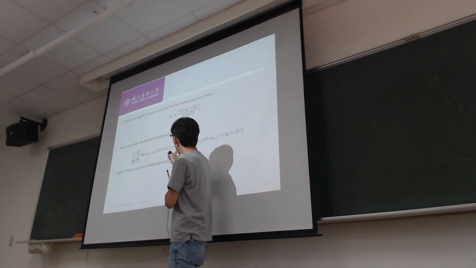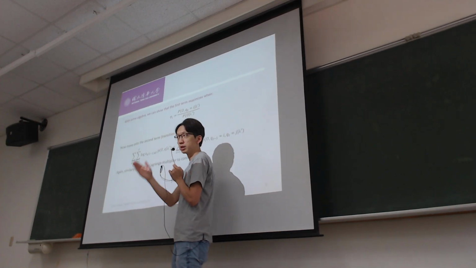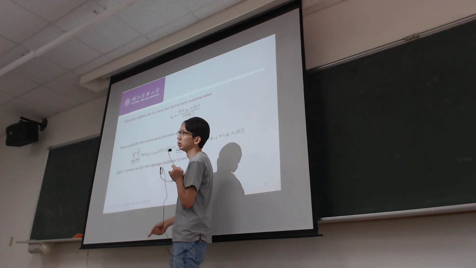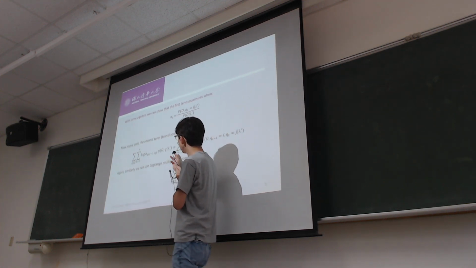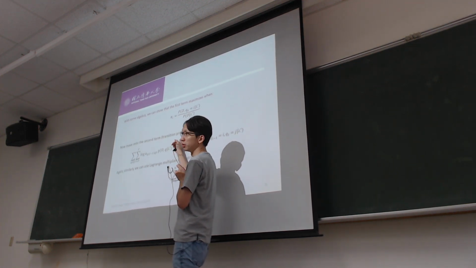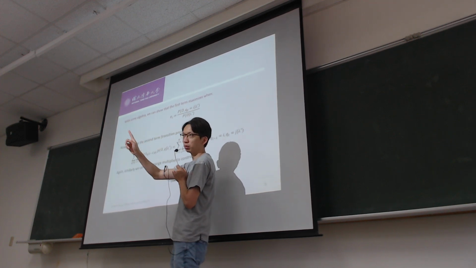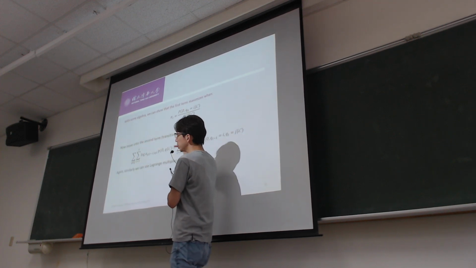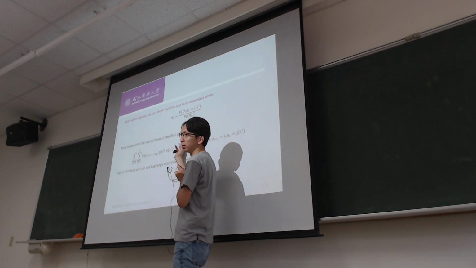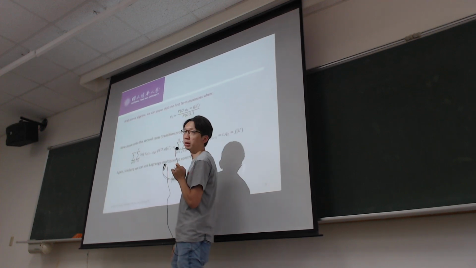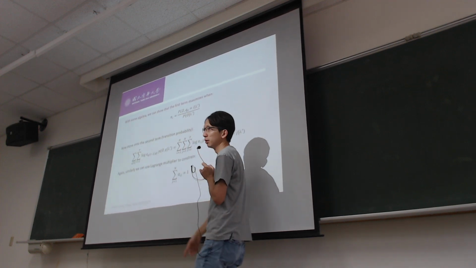At each one of the times it has n states that it can go to. So i from 1 to n, j from 1 to n. 1 can go to 1, 1 can go to 2, 1 can go to 3, 2 can go to 1, 2 can go to 2. So all these possibilities are going to be summed up here, and also summed up over the entire sequence t from 1 to T.